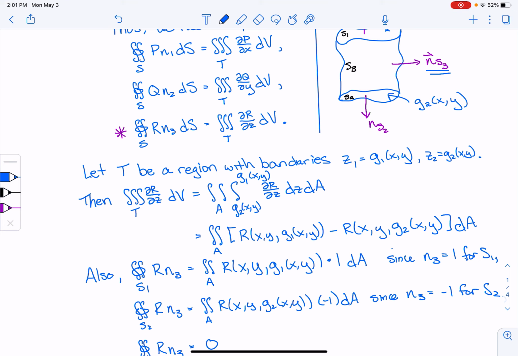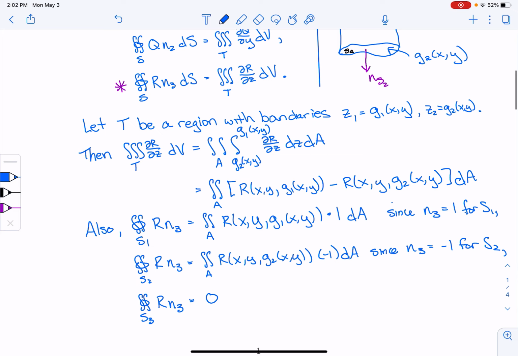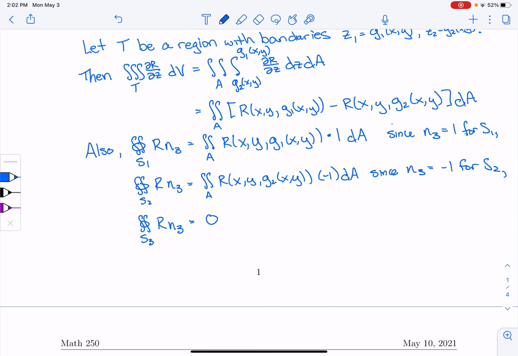Specifically, it's got to be horizontal. So in this case, R n3 is going to be 0. And so the integral is going to be 0 since n3 is equal to 0 for S3.